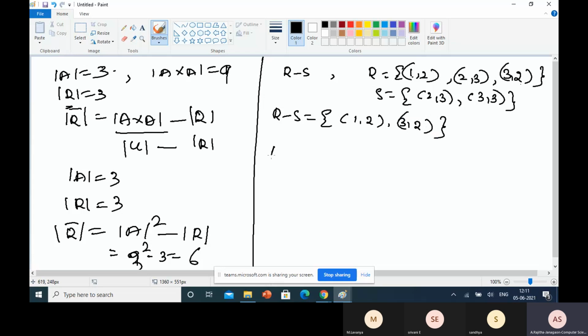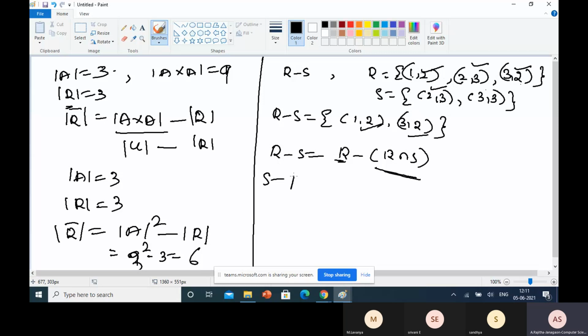This R minus S can also be written like this: R minus R intersection S. So R intersection S means only this one, and 1 comma 2 and 3 comma 2 are the remaining elements.